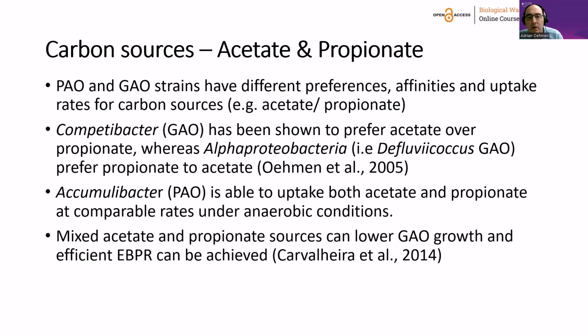In contrast, Accumulibacter POWs can take up both acetate and propionate at comparable rates under anaerobic conditions. So this implies that mixed acetate and propionate carbon sources can lead to lower GAO growth and more efficient EBPR when you have them present in combination. Having both acetate and propionate sources can be advantageous towards a stable EBPR.